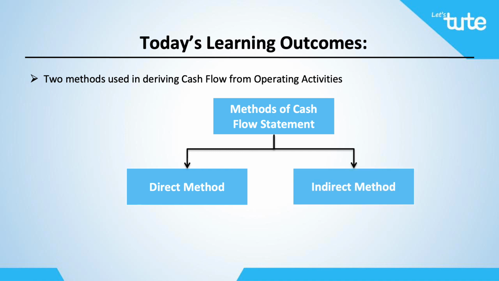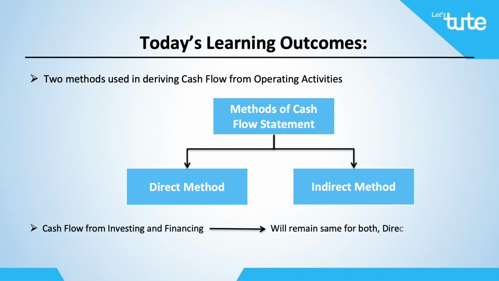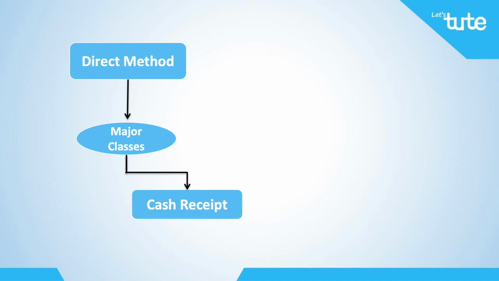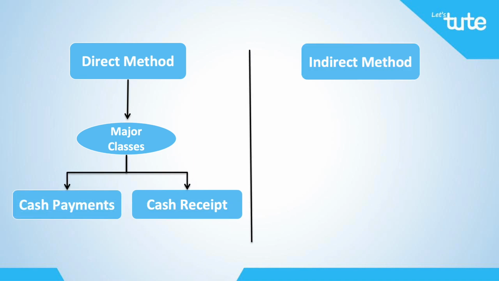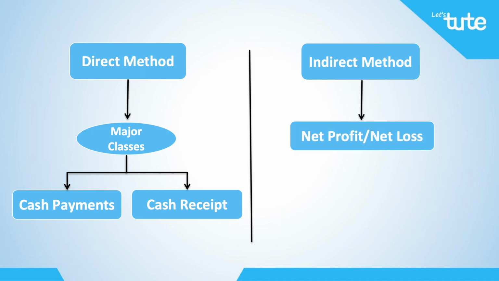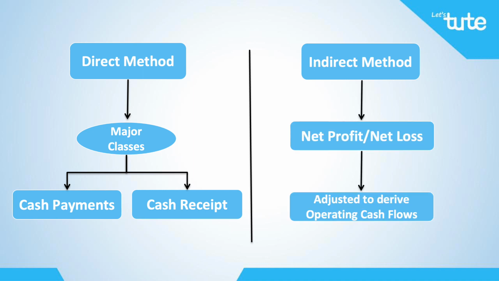The other two classifications of cash flow statements, which are cash flow from investing and cash flow from financing activities, will remain the same for both direct and indirect methods. Under the direct method approach, major classes of cash receipts and payments are disclosed, whereas under the indirect method approach, net profit or loss is adjusted to derive operating cash flows.